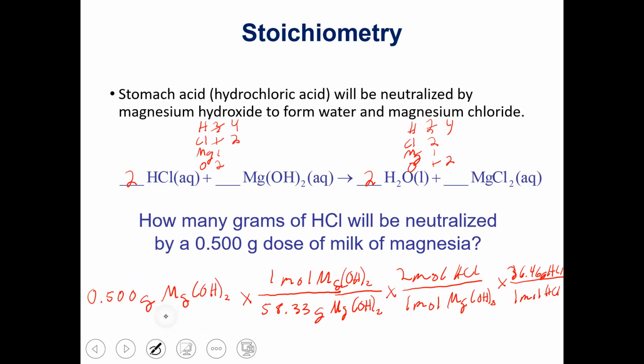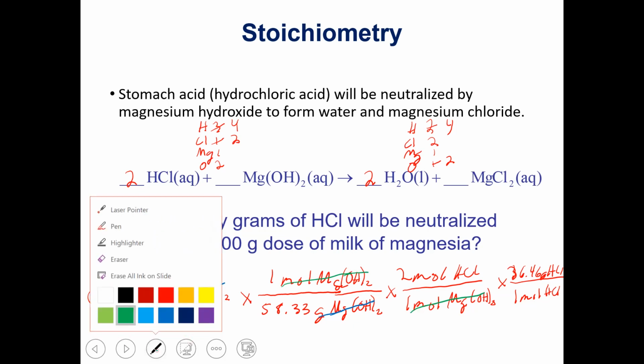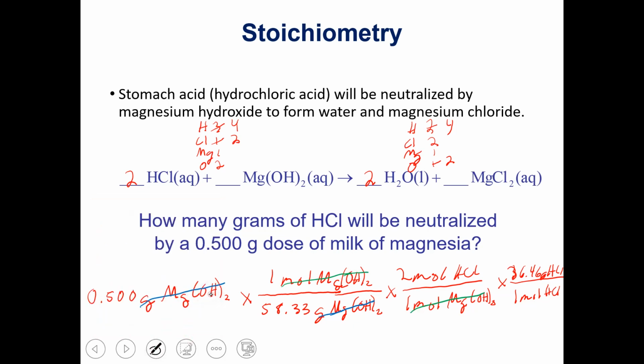So once again, if we look through, grams of magnesium hydroxide cancels with grams of magnesium hydroxide. Moles of magnesium hydroxide cancels with moles of magnesium hydroxide. And moles of hydrochloric acid cancels with moles of hydrochloric acid. So we're left with grams of hydrochloric acid.